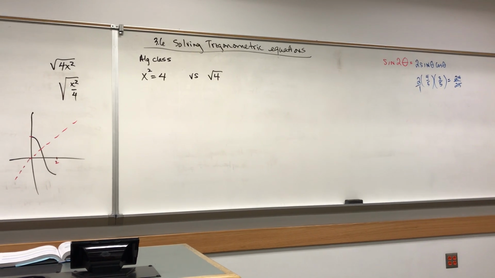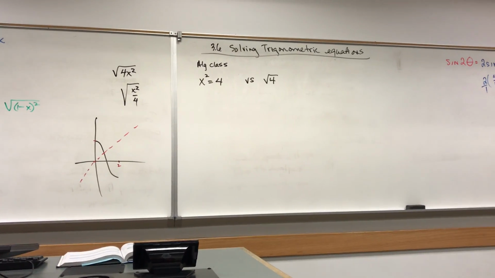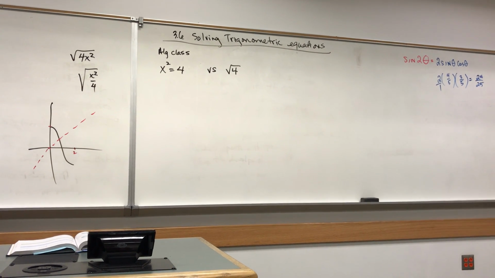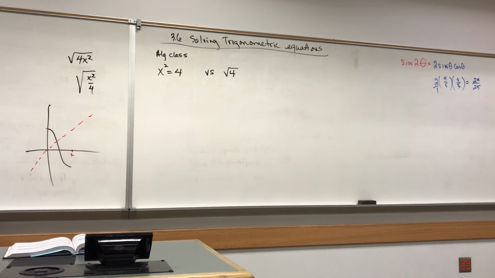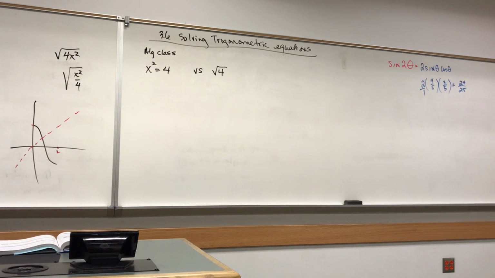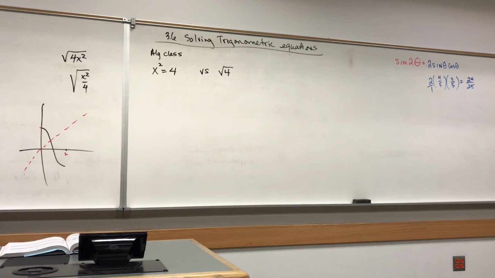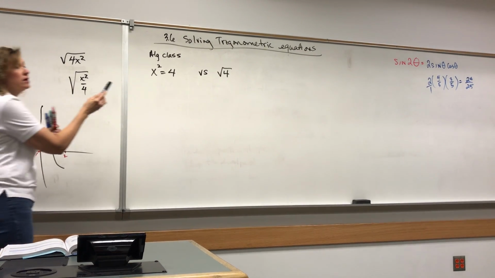What is the difference between solving the equation x squared equals 4 versus just square rooting 4? The equation has 2 answers.